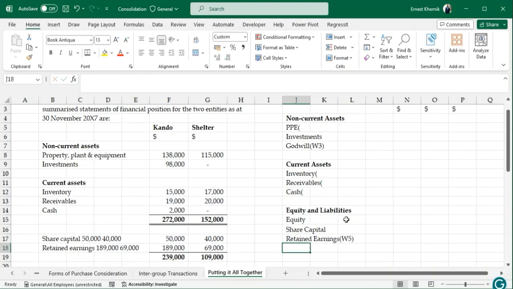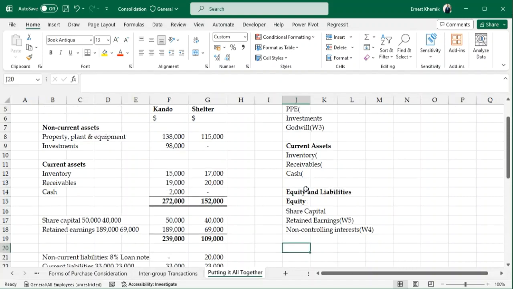So retained earnings, and then we also know that non-controlling interests form part of our equity. So that is going to be our workings 4. So we have everything here set up nicely.